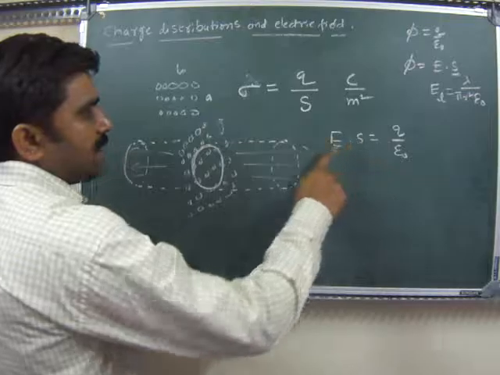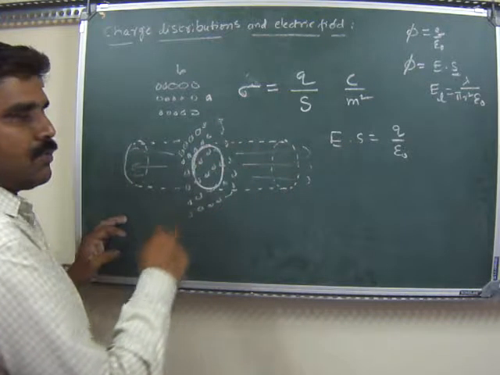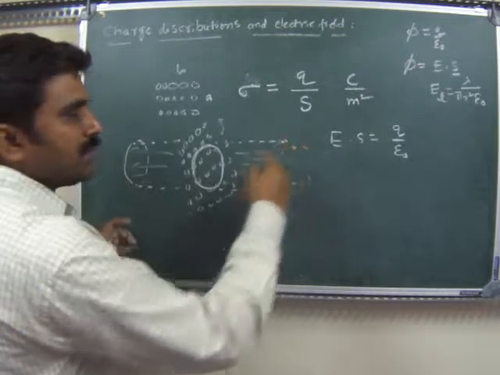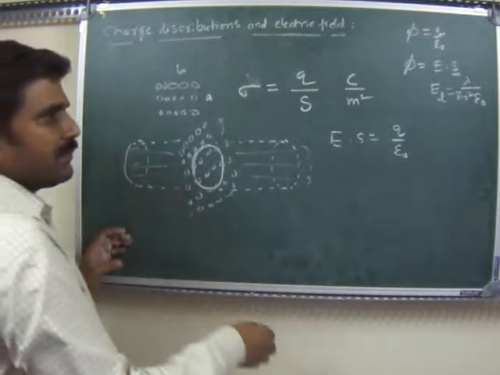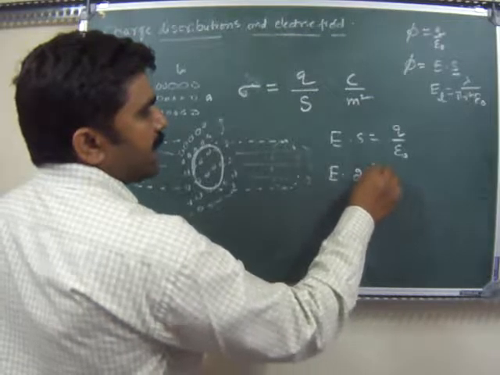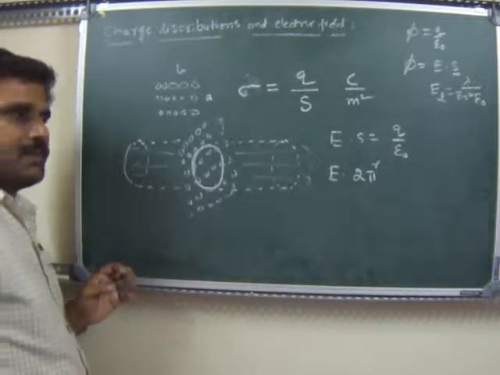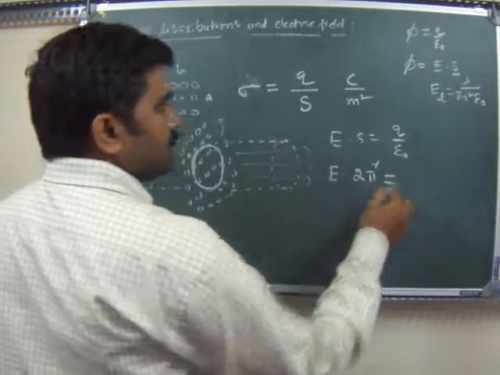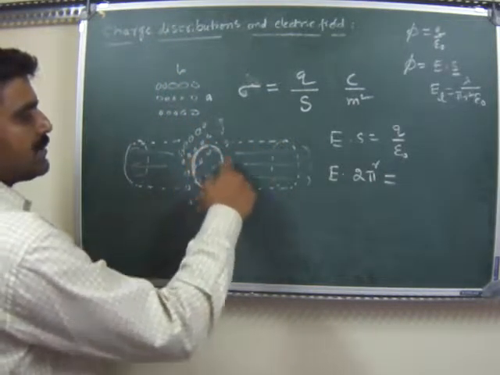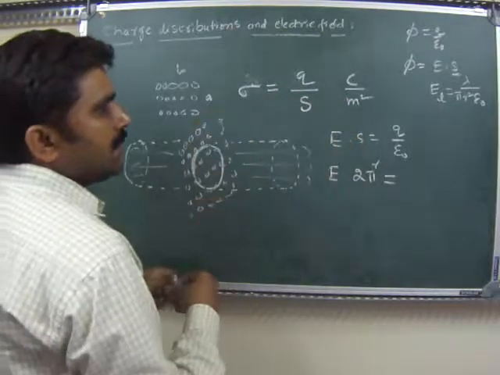This is the Gaussian surface. In this picture, what are the Gaussian surfaces? This is one Gaussian surface, and this is another Gaussian surface. So E into 2 pi r square I am considering, that is equal to, so this is also a circle and this is also a circle. For this circle, what is the charge?